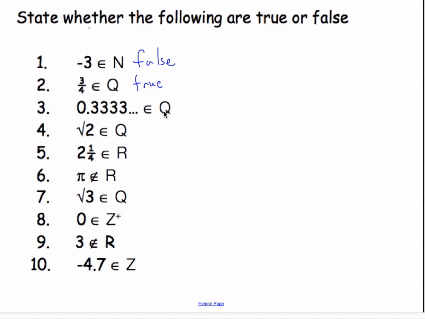This next number, is that a rational number? Well, it's a decimal that continues forever, but it does repeat. So repeating decimals are rational numbers. You can write that as 1/3, right? This equals 1/3. So this is true. Is root 2 a rational number? No, that cannot be written as a quotient of two integers, so that is false.